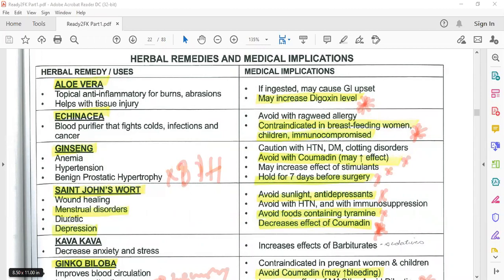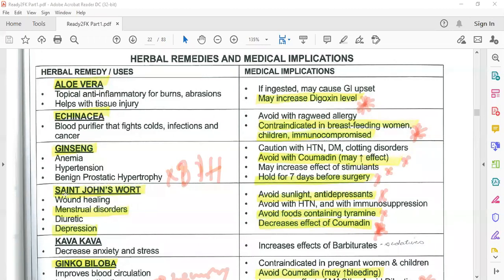The next herbal drug we use is called St. John's wort. St. John's, right? St. John's wort we use to treat depression, or for anxiety.